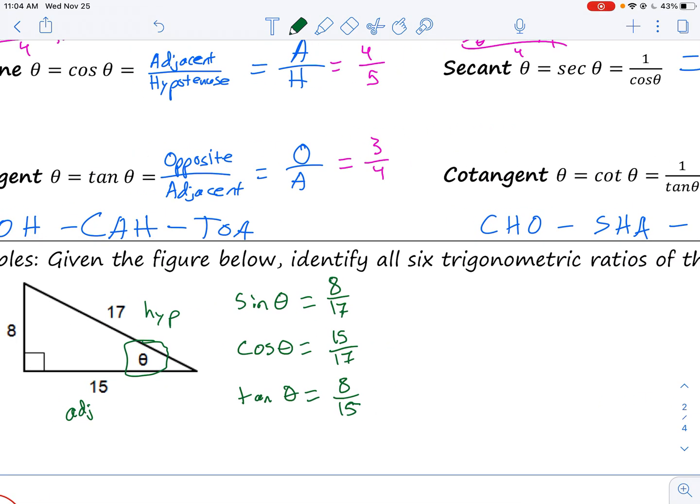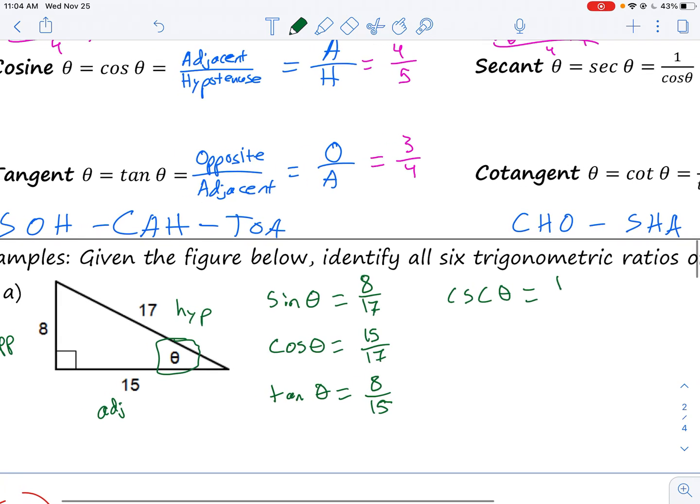And then the other ones, there's cosecant, which when we write it shorter is just CSC of theta, is going to be hypotenuse over opposite. Secant of theta is hypotenuse over adjacent. 17, I got that wrong.